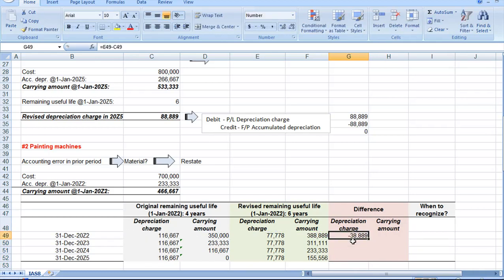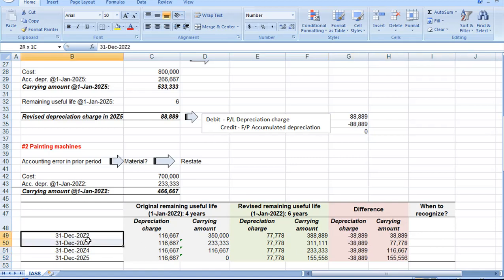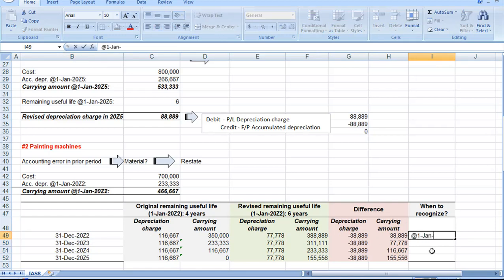Now, when to recognize these differences or when to correct these errors? Well, as the error happened prior comparative period, which is 2004, we will need to split the correction into 3 parts. First, difference in the depreciation in the years 2002 and 2003 will be adjusted to opening retained earnings of 2004.